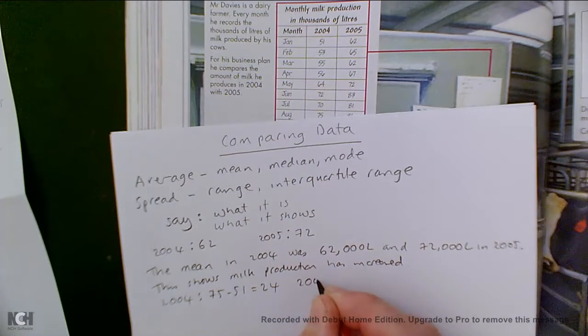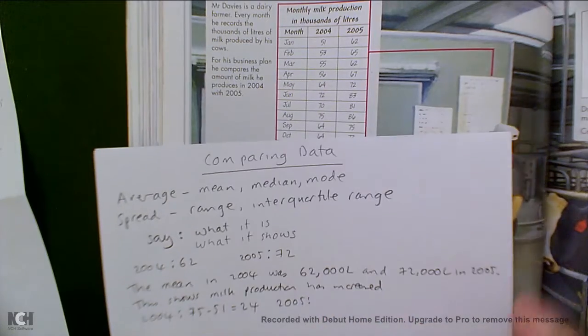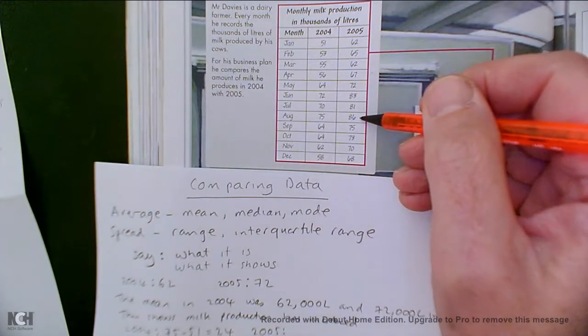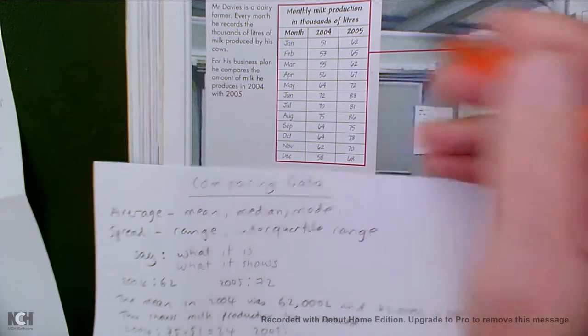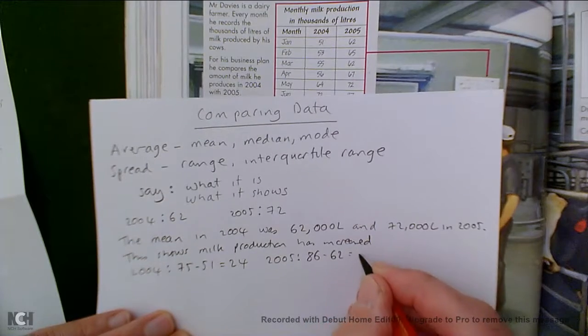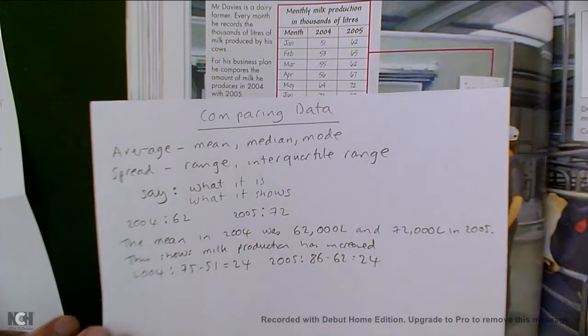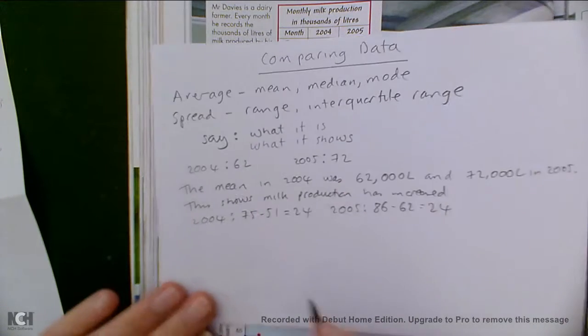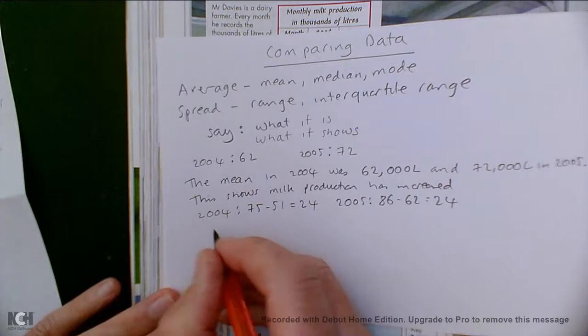And in 2005, the biggest number is 86 and the smallest is 62. So I can see the range in both years was the same. First of all, I'm going to say what it is.